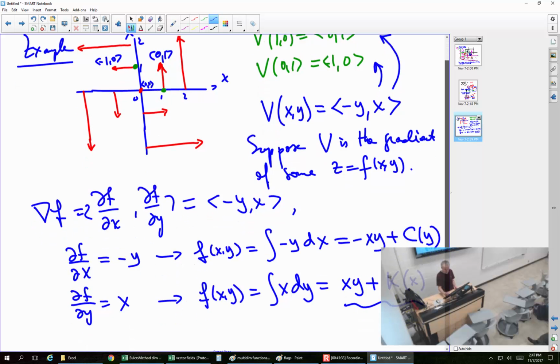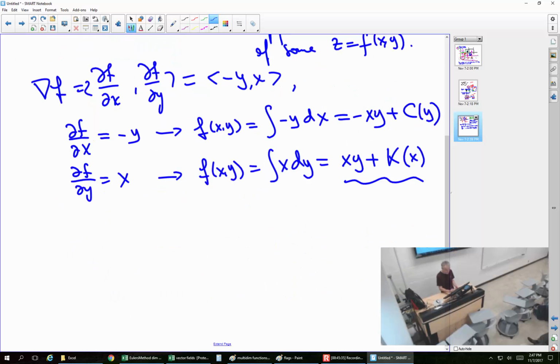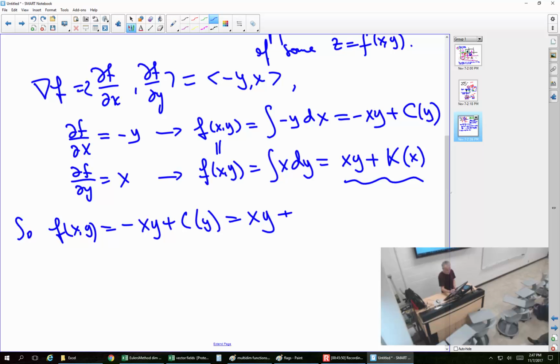These two things have to be equal to each other because it's the same function. So we have f of xy equal to, on one hand, negative xy plus c of y, and on the other hand, xy plus k of x.